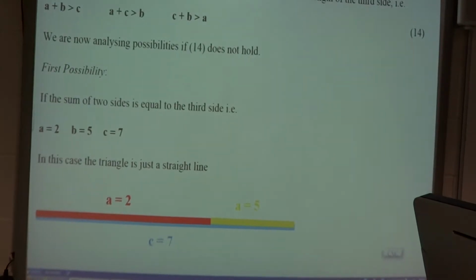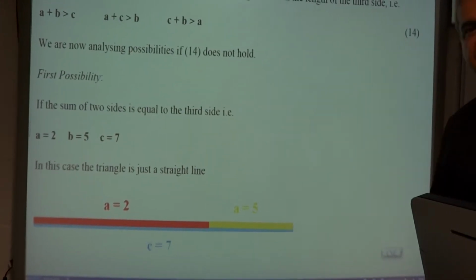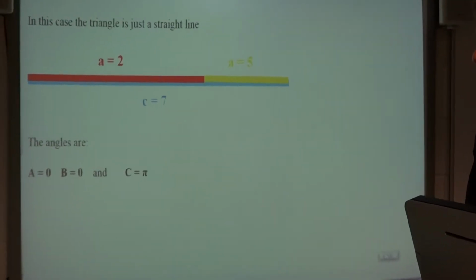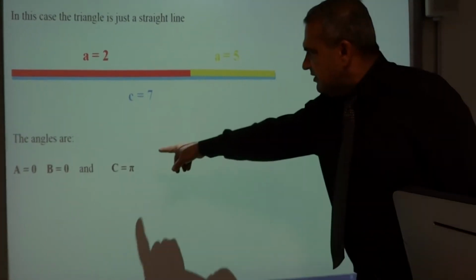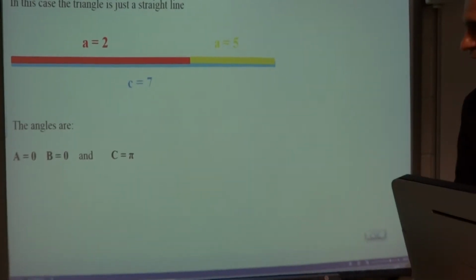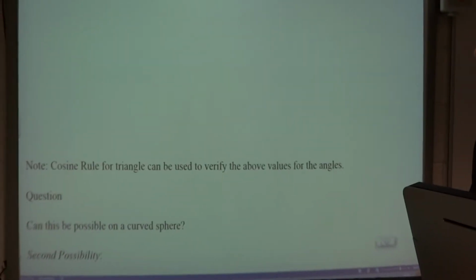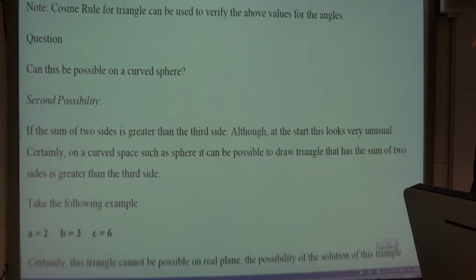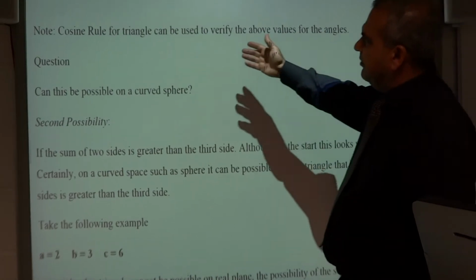There are two angles which are 0, and one angle which is 180, which still hasn't violated the rule. One is 0, one is 0, and the other one is pi. Now the cosine rule for a triangle can be used to verify the above.